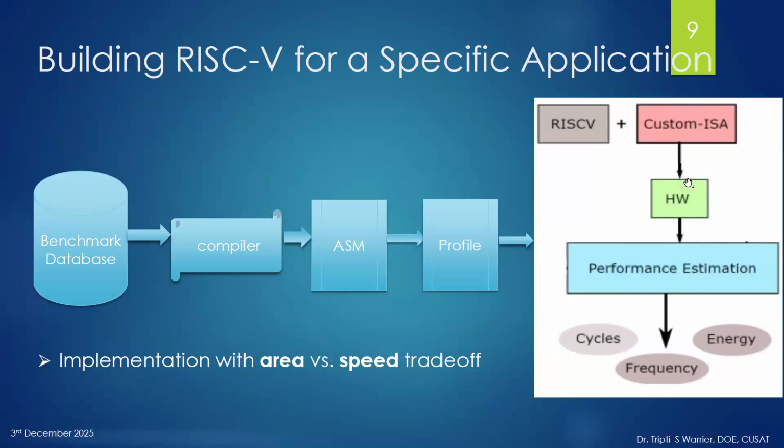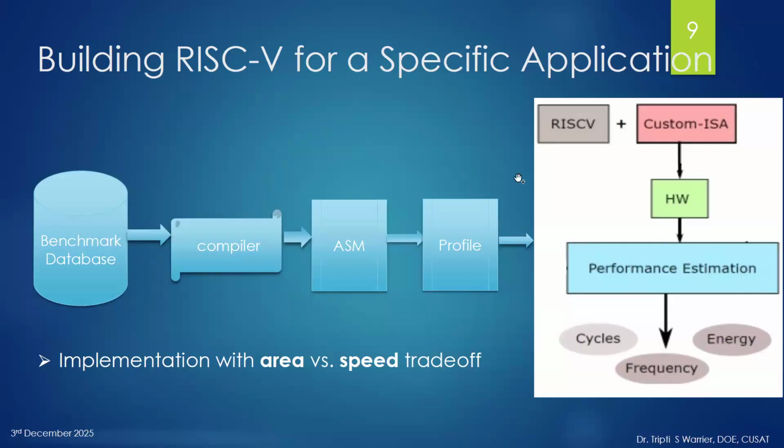So how do you know whether this hardware is good for that application? After you design it, you have to do a performance estimation, and you will be able to run this program on this hardware and come up with performance numbers in terms of cycles, which will give you delay, frequency and energy.